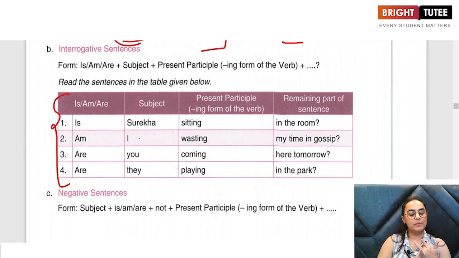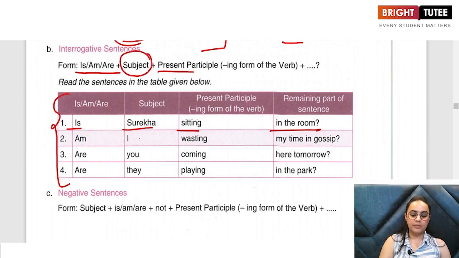That is, is will be used with he, she, and it, am will be used with I, and with the plurals we are going to use are. So, is Surekha sitting in the room? What is my structure? I use my helping verb in the first position, then the subject in the second position, and the ing form of the verb.